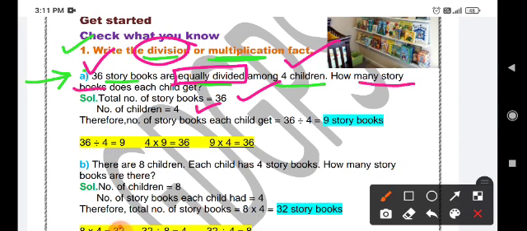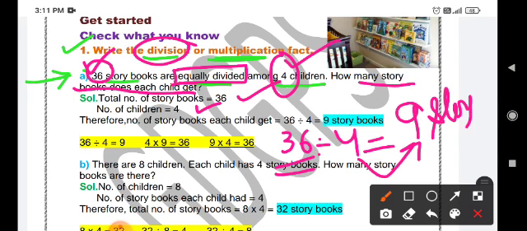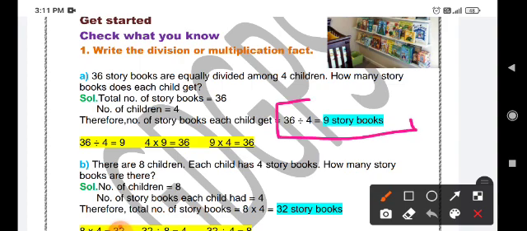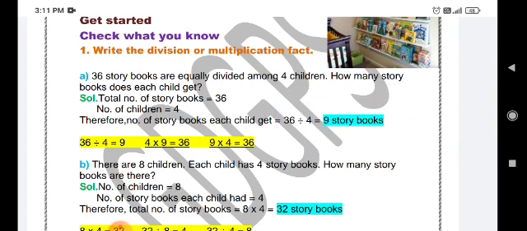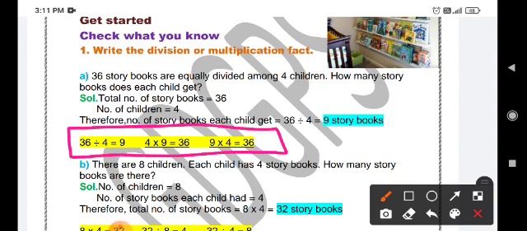Therefore, the number of storybooks each child will get is 36 divided by 4. Use the table of 4 to divide: 4 nines are 36. So, 9 storybooks each child will have. By using the division fact, we solved the question.